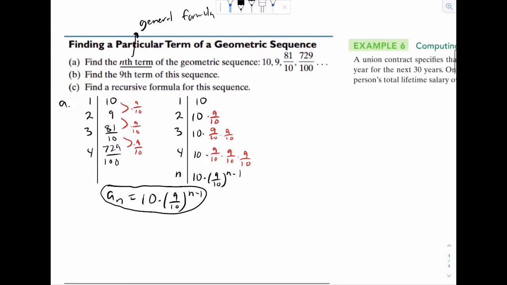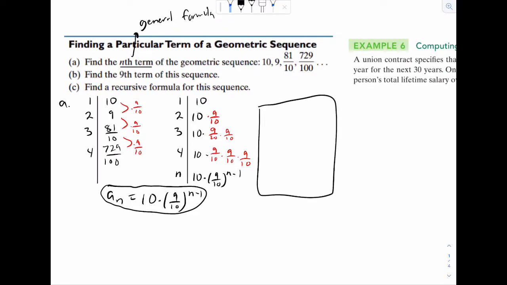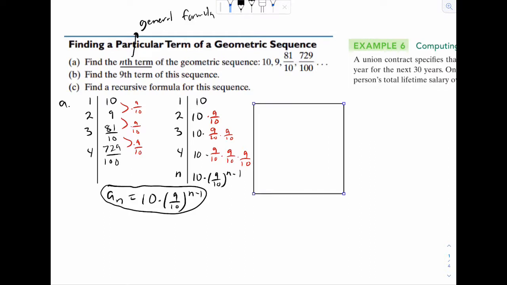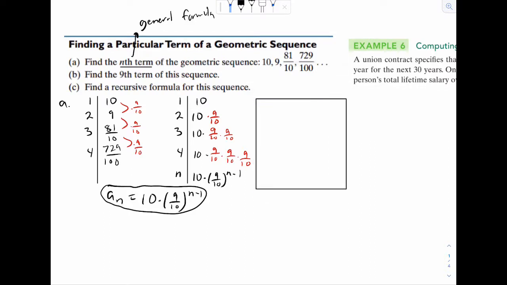So effectively what we just did is we made a formula. Let's put a box right here. This formula will apply for geometric series. And this is our general formula.